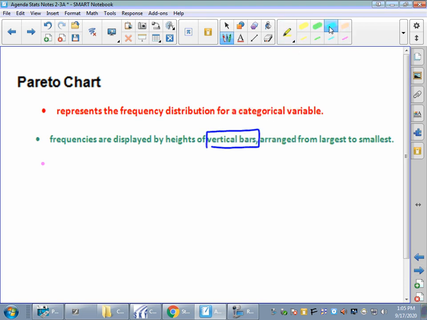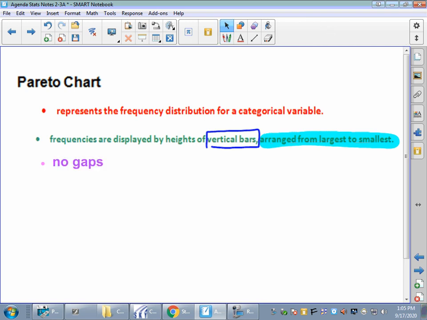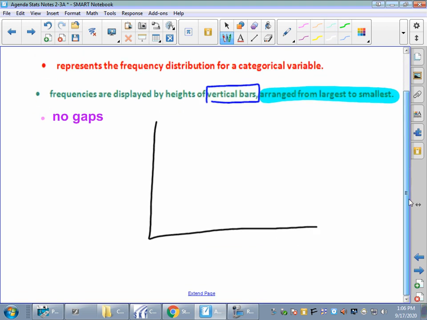It is arranged from largest to smallest. And there are no gaps. I don't feel like I need to make a Pareto chart. Do you want me to make one for this? We're just going to rearrange all of our data. It must be vertical. So I would have my setup like this.